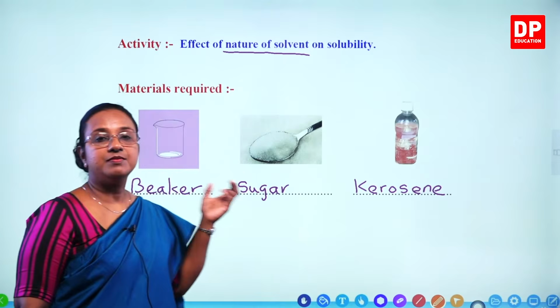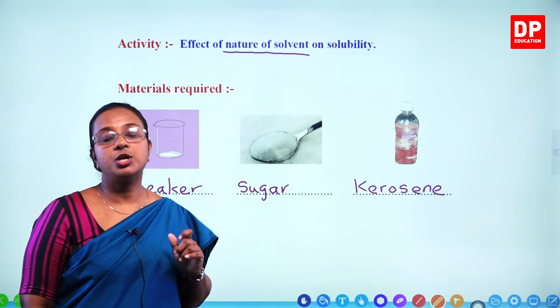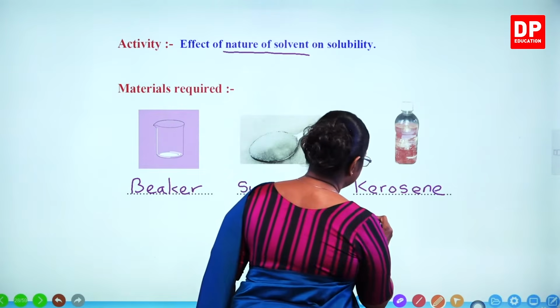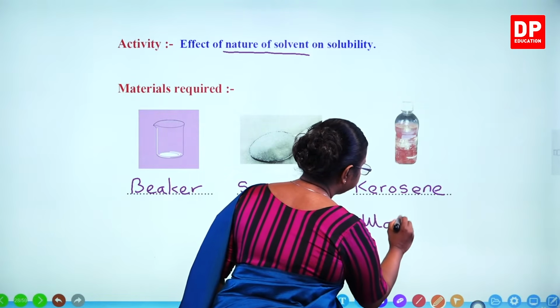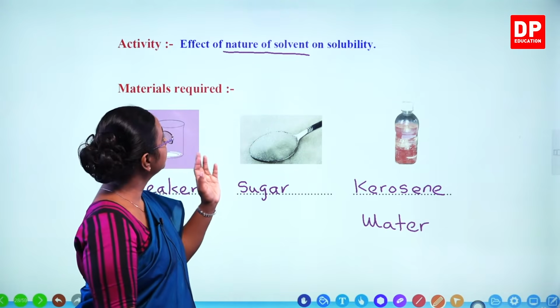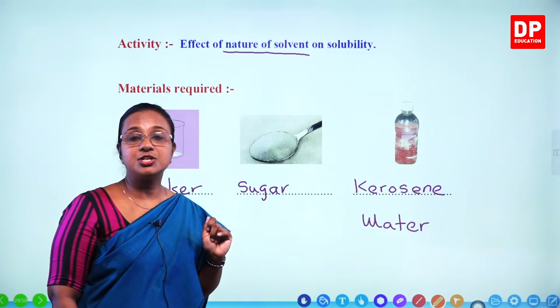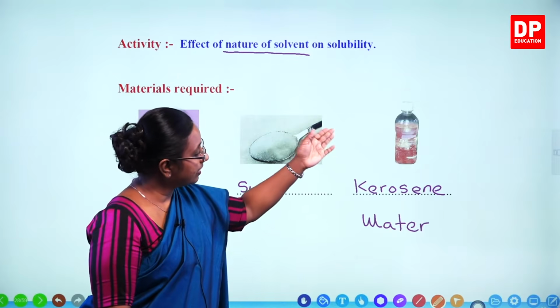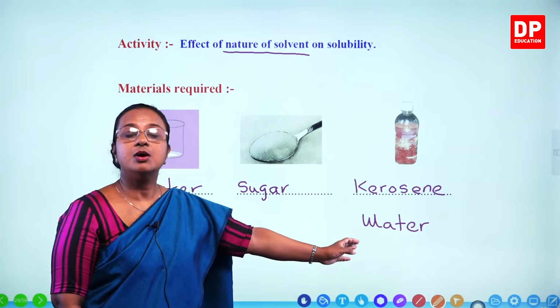So again, we take a fixed volume of kerosene and also we will take water. Here we will use two solvents because we are going to test the nature of solvent on solubility. So the two solvents are kerosene and water.